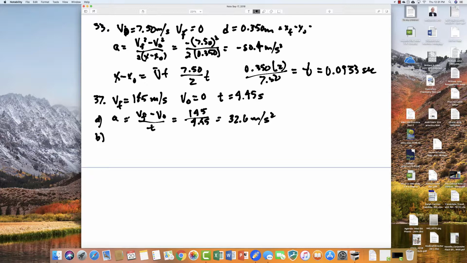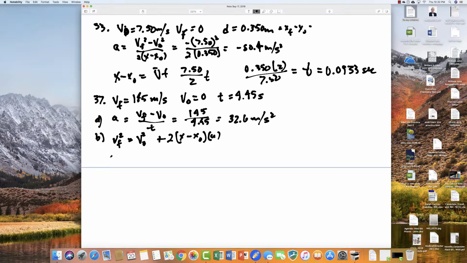B states to find the final velocity of this dragster starting from rest, with the acceleration found at A, for a 402 meter quarter mile without using any information on time. Now what they're saying there is if you use this formula, VF squared is equal to V0 squared plus 2 times the displacement x minus x0 times the acceleration that we found up above here.